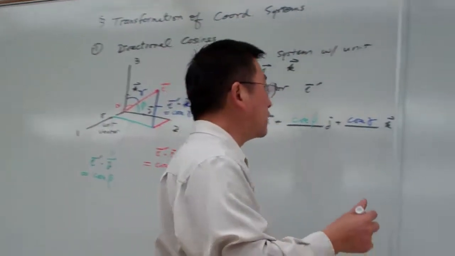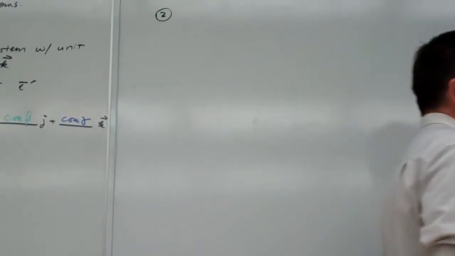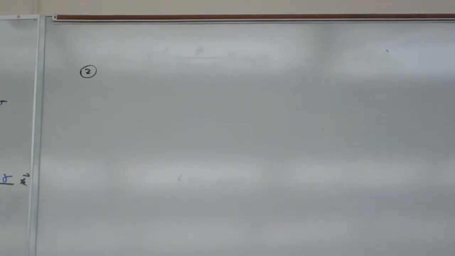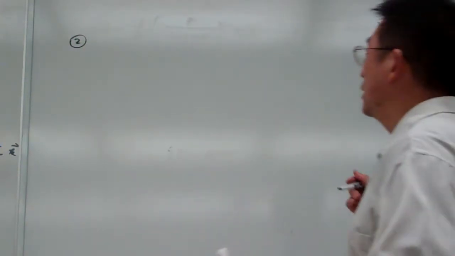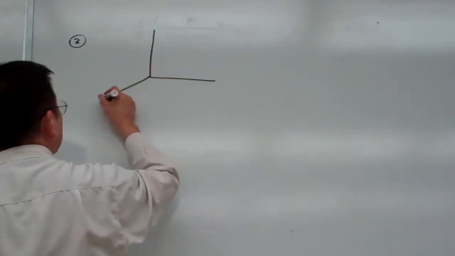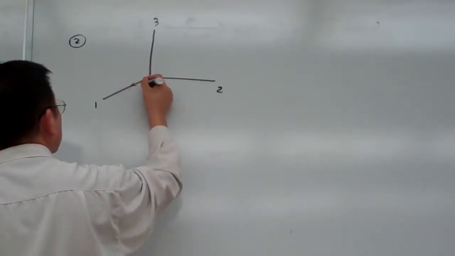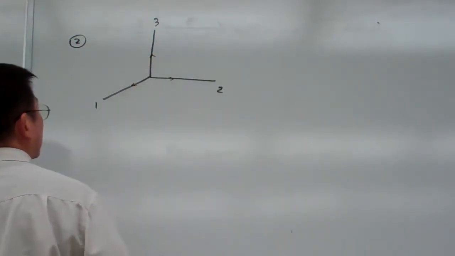And then we consider the coordinate systems. So this is 1, 2, 3, and say this is i, j, k. Okay, the same thing as before.